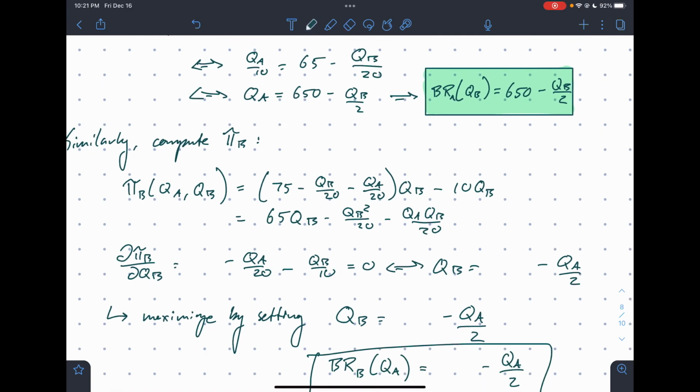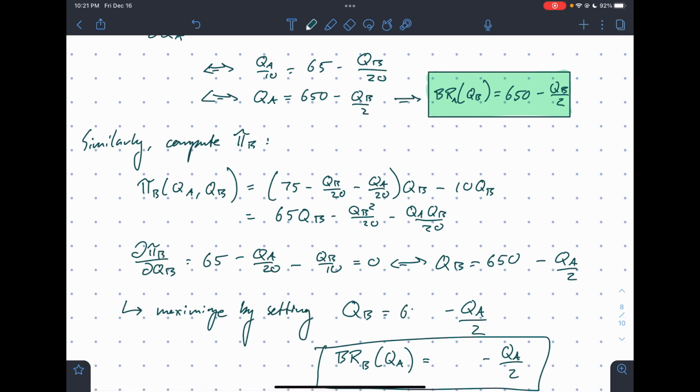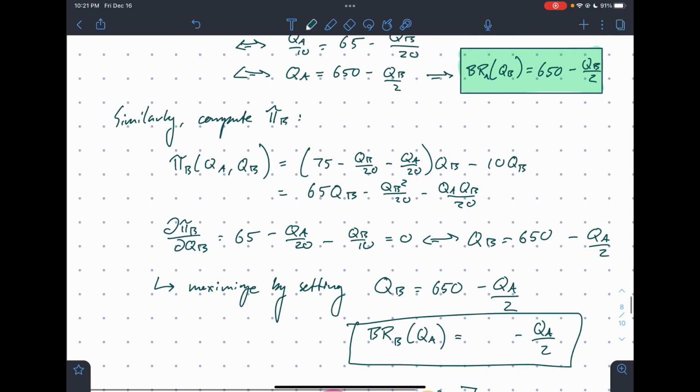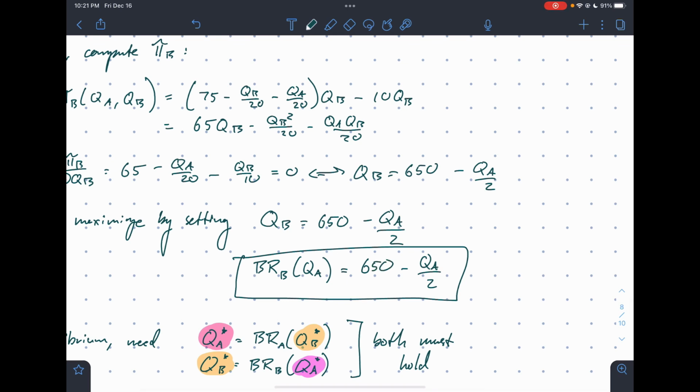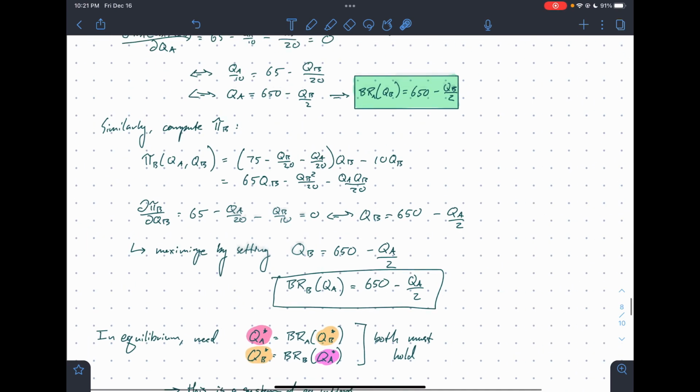When we take the derivative, we get 65 minus QA over 20 minus QB over 10. We're going to set that equal to 0 to find the max. So we get QB is going to be 650 minus QA over 2. Okay, so this gives us the best response of firm B to the quantity set by firm A. So we found the best response functions. I'm going to color this in green.